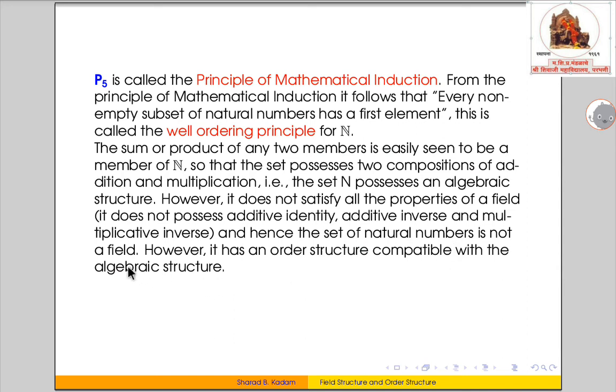So that is why the set of natural numbers is not a field, whereas it has an order structure compatible with the algebraic structure.